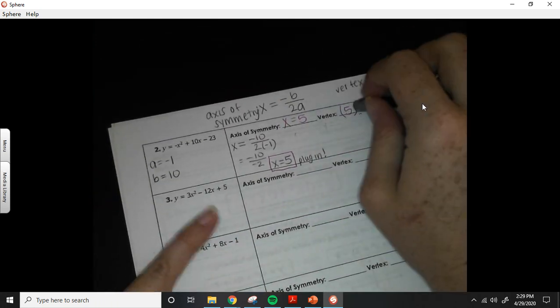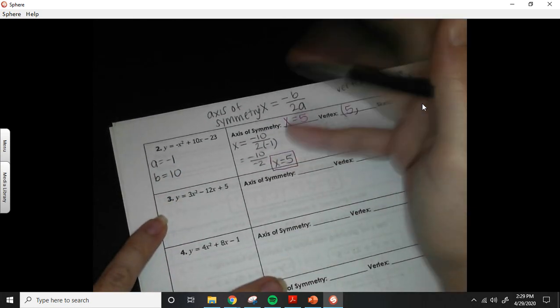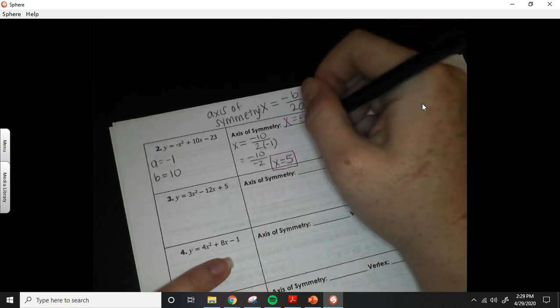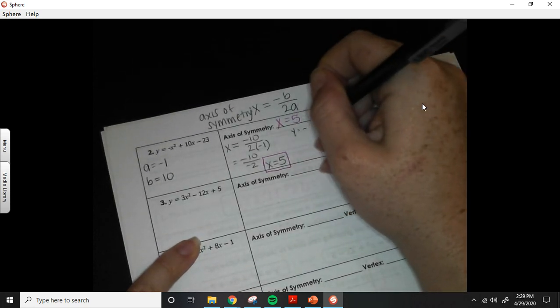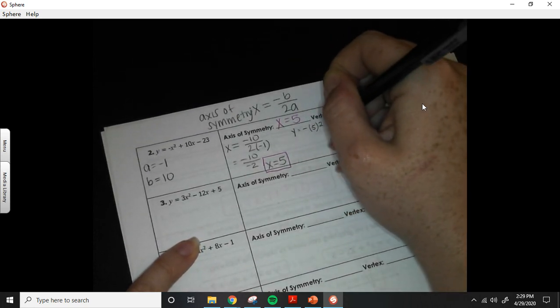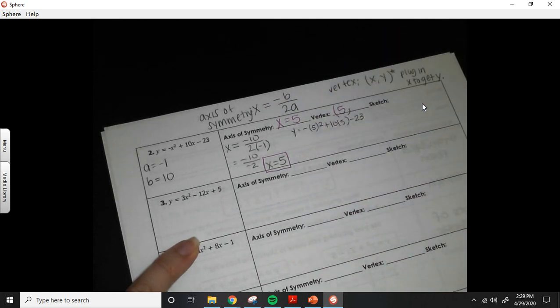Okay, so why do we put just the 5 in parentheses? I'm going to erase this. The 5 goes in parentheses because the x is being raised to the second power, not negative x. If it was negative x, they would both be in parentheses. So this is just y equals negative 5 squared plus 10 times 5 minus 23.